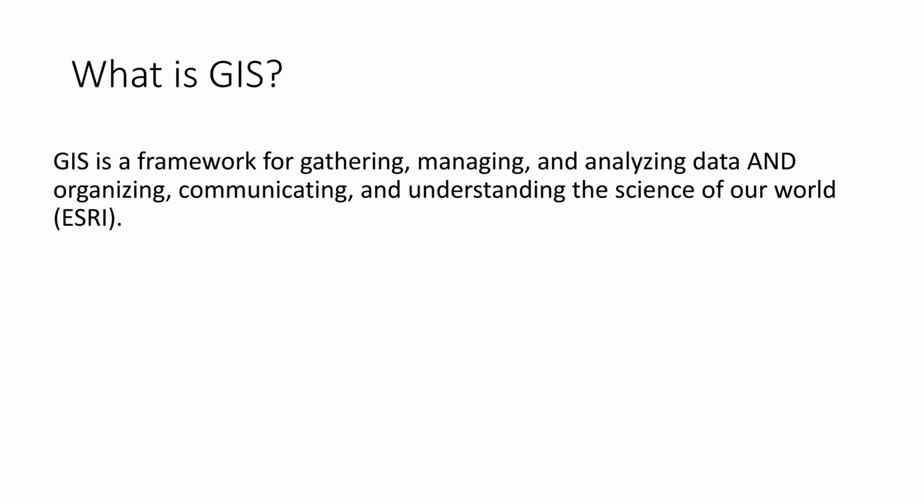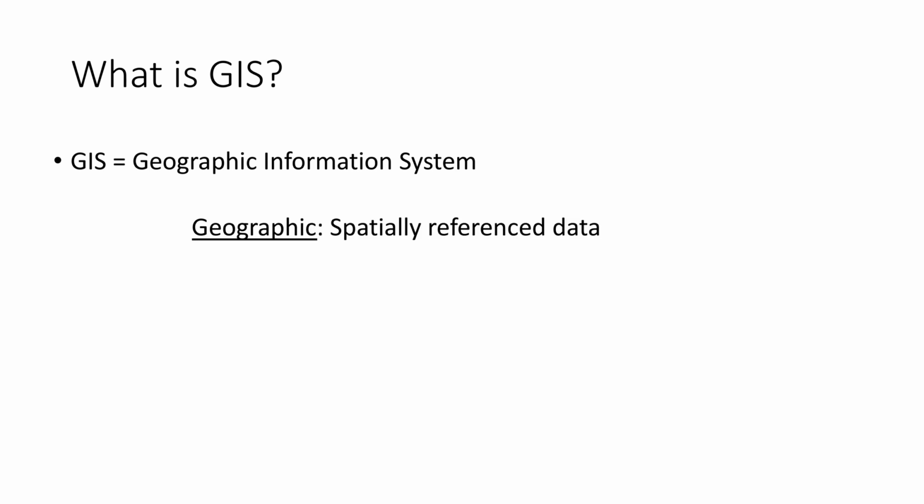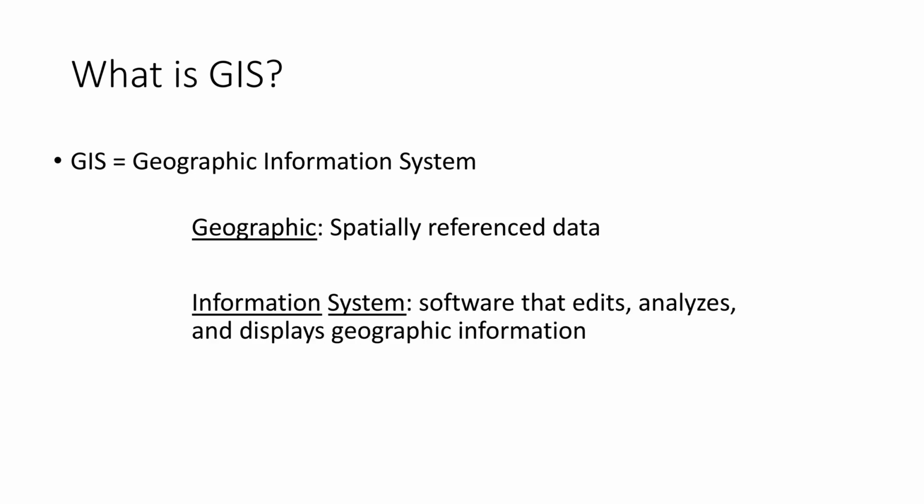Well, ESRI defines it as a framework for gathering, managing, analyzing, organizing, communicating, and understanding the science of our world. GIS stands for Geographic Information System, where the geographic part refers to spatial data, and the information system part refers to a software that can edit, analyze, and display this geospatial data.